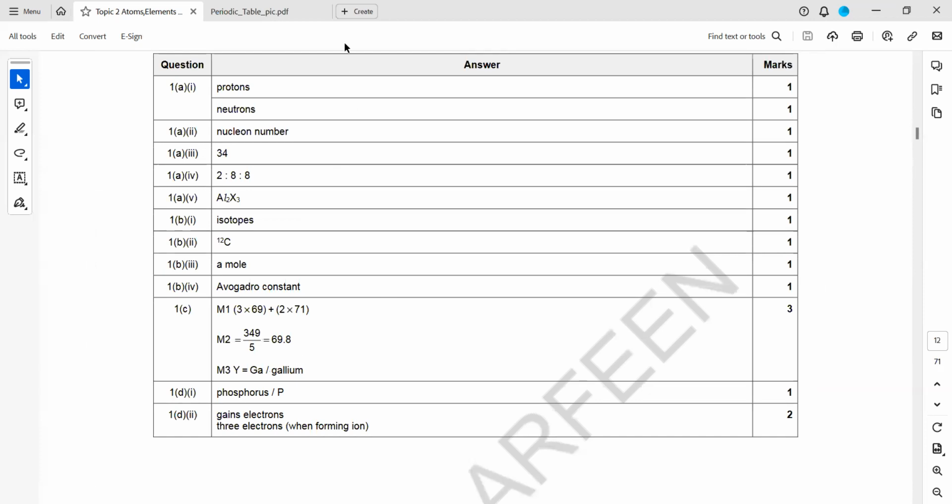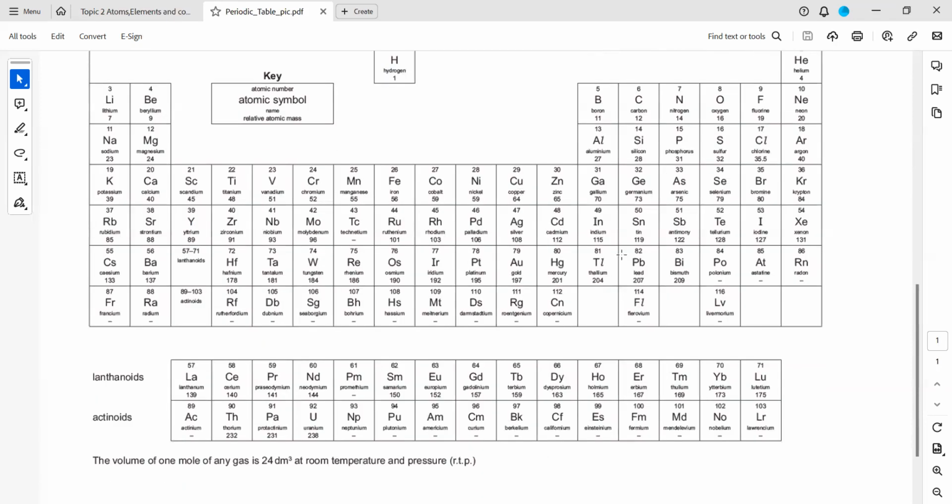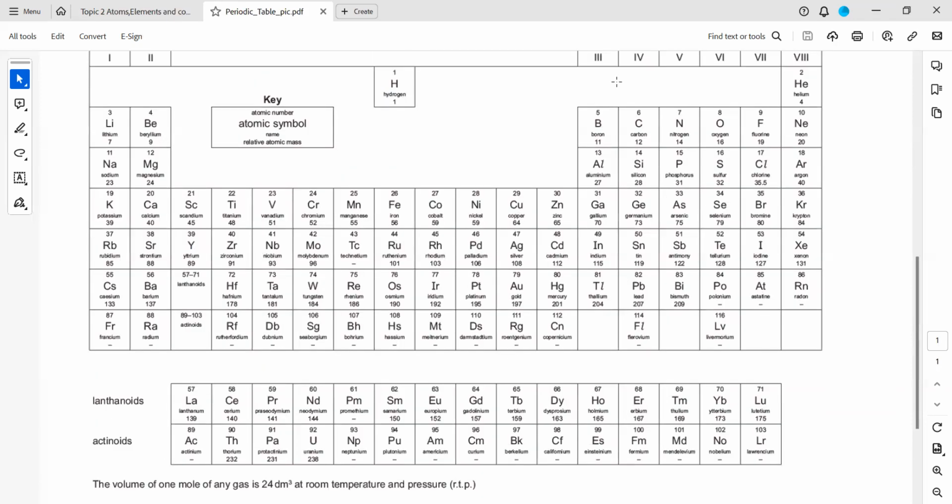Why gallium? Because when you check this periodic table, 69.8 is approximately 70, as all of them are written as whole numbers.